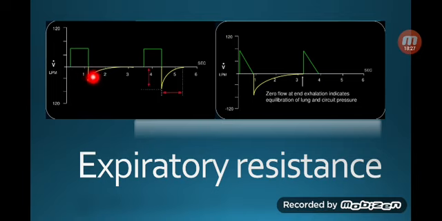So if the air goes out in long time, then that means the resistance is high. While if it goes out smoothly in appropriate time, then the resistance is low, because here, as soon as the valve got released, everything got out really quickly, and then the remaining part came out in a mathematical fashion.